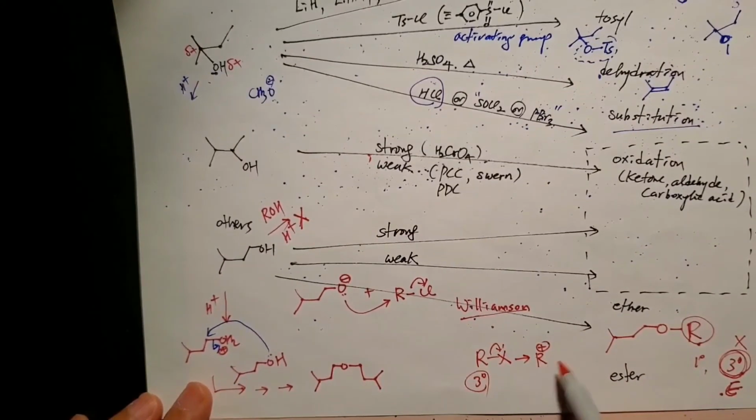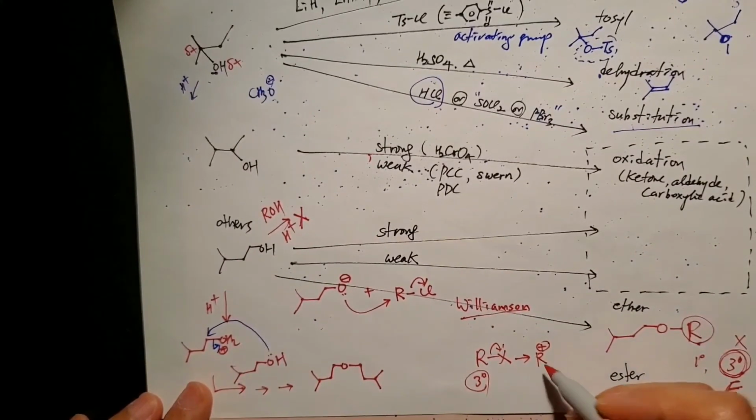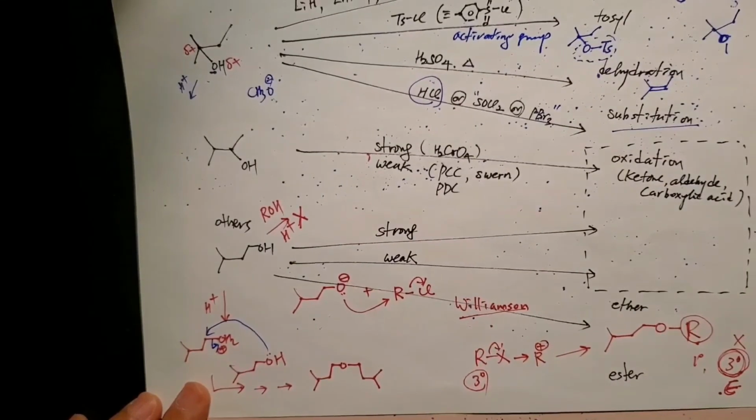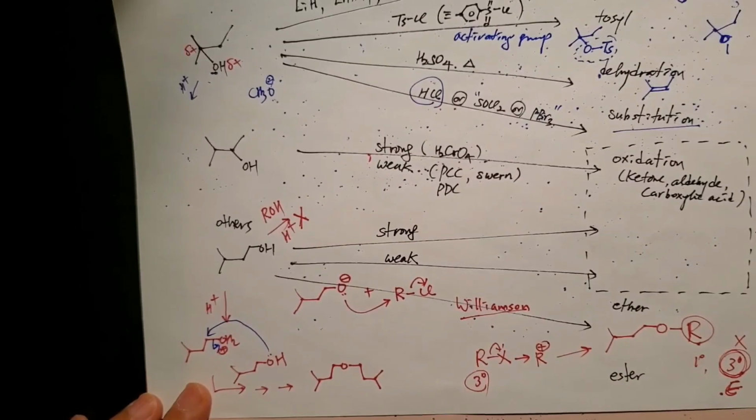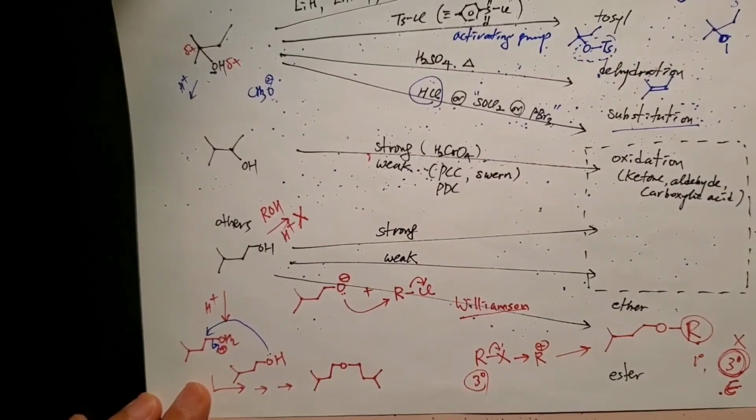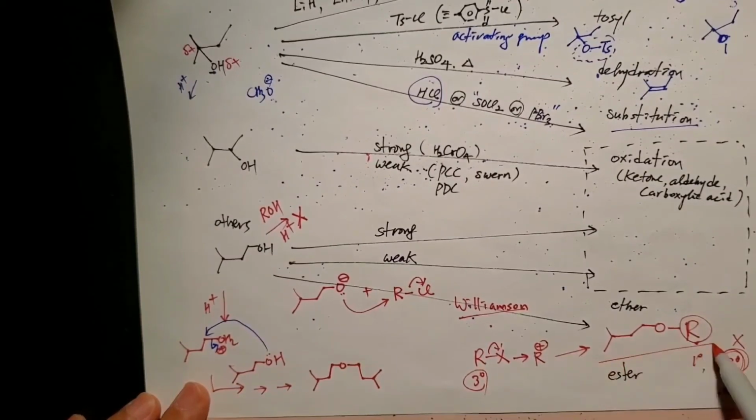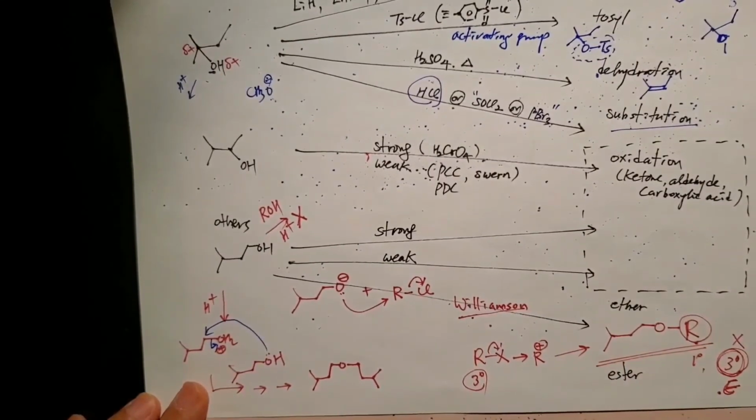Then you put in your alcohol and you can do an SN1 type of asymmetric ether synthesis. That's not Williamson, but you can still do it. So forming an asymmetric ether, you can do with primary or secondary, tertiary in different conditions.